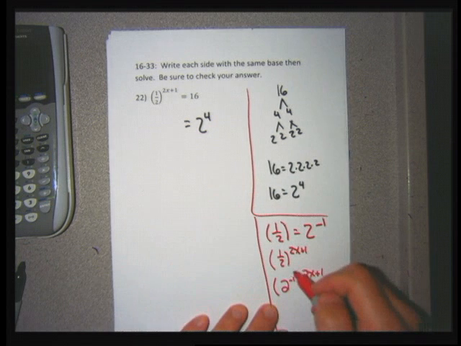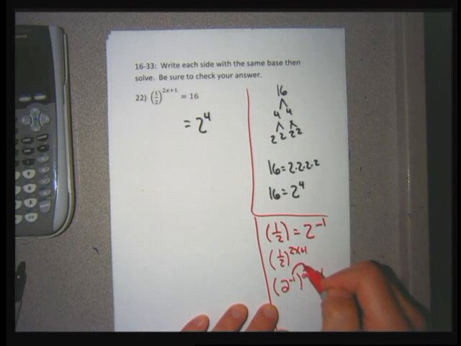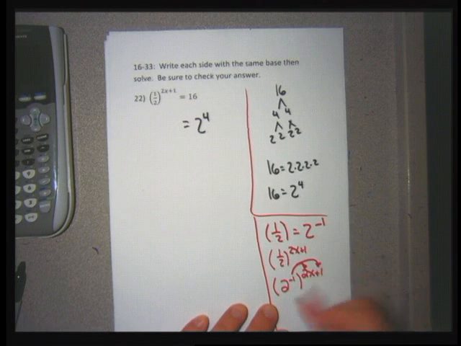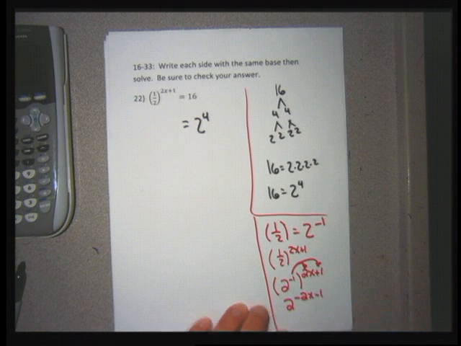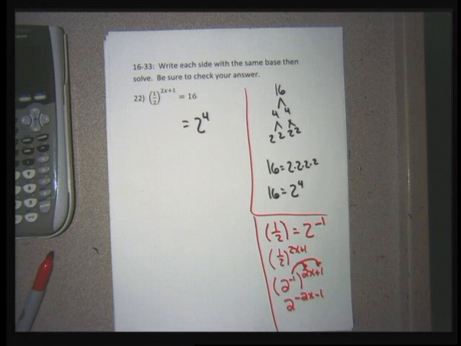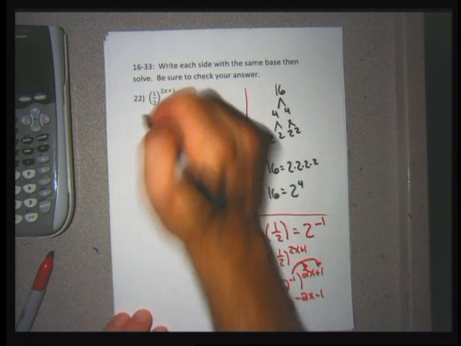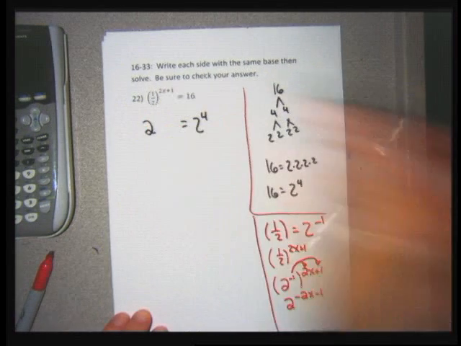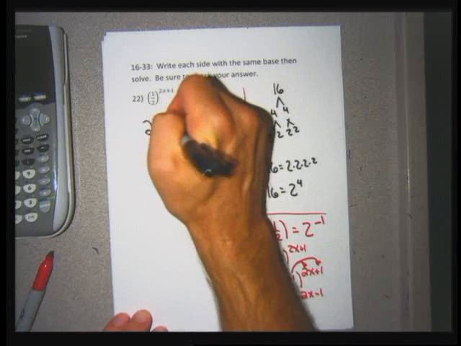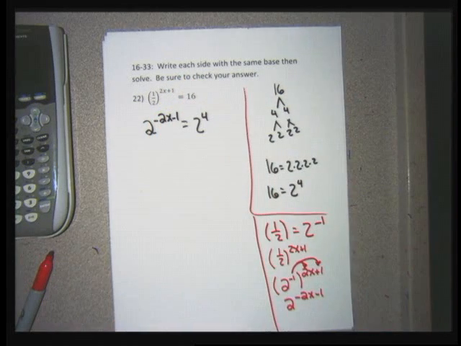So I'm going to multiply negative 1 times 2x and negative 1 times 1 and get negative 2x minus 1. I can rewrite the left side to have a base of 2, and it's going to be 2 to the negative 2x minus 1 for that side.